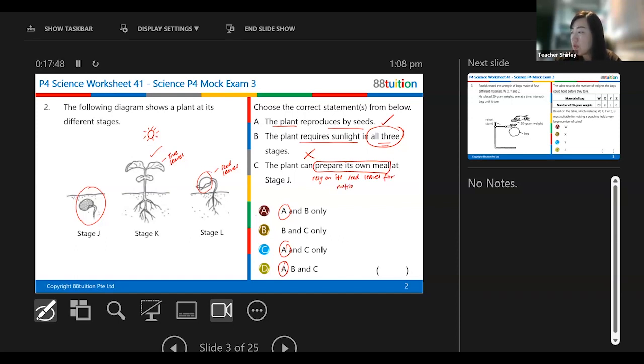So it can prepare its own food basically means that it can survive. It can have its own food through the nutrients of the seed leaves. So the answer for this should be A and C. C is considered a correct statement, but I would have rephrased it a little bit better. What do you mean by it can prepare its own meal? It means that it can rely on its seed leaves for nutrients, right?